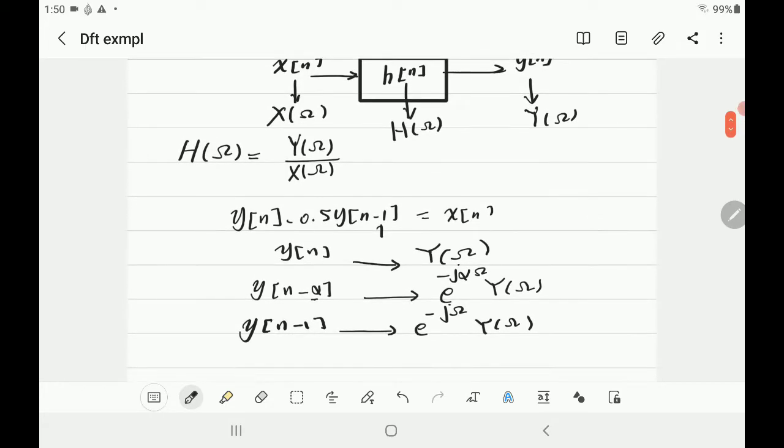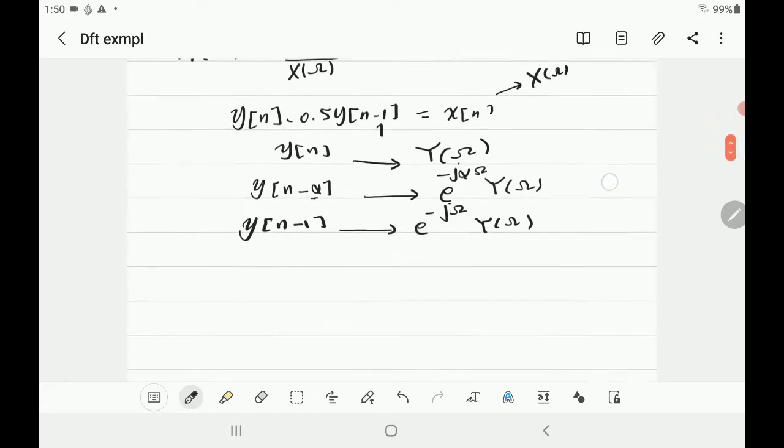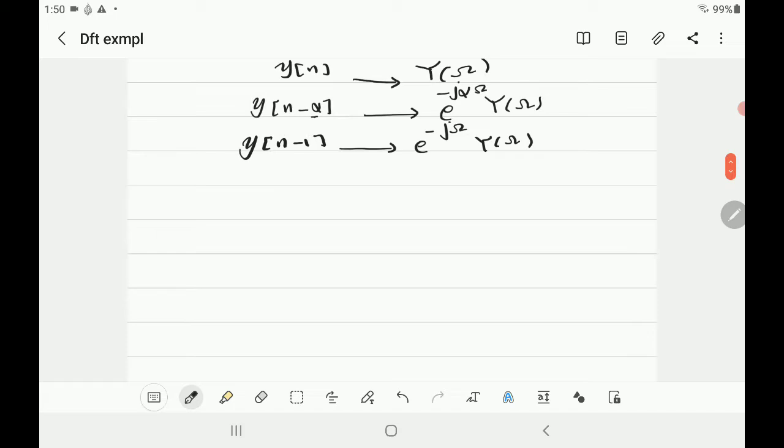The same thing, x of n will go to X of omega. So I will write the equation in the frequency domain now after this conversion. Y of omega minus 0.5 e to the power minus j omega Y of omega equal to X of omega.